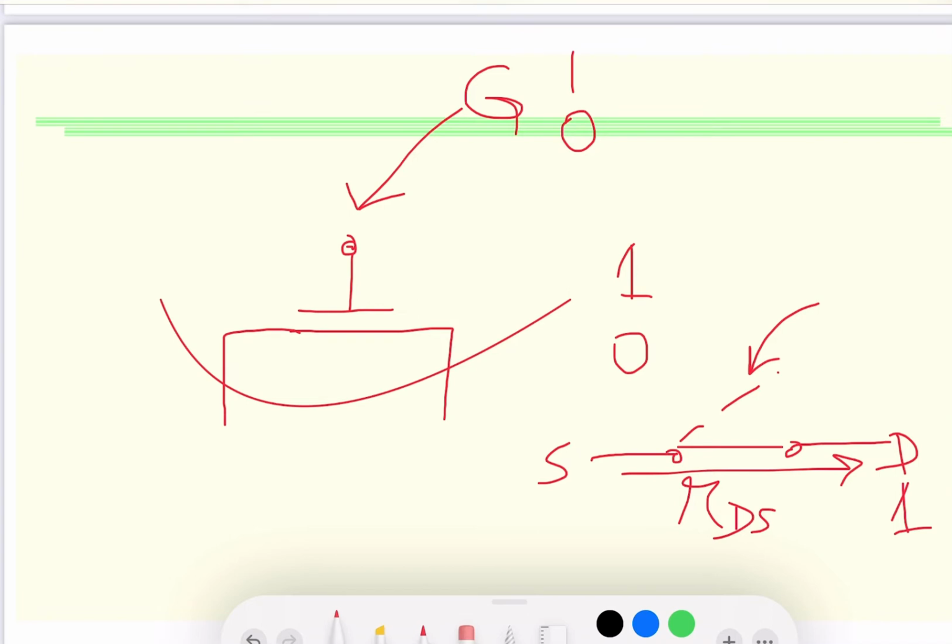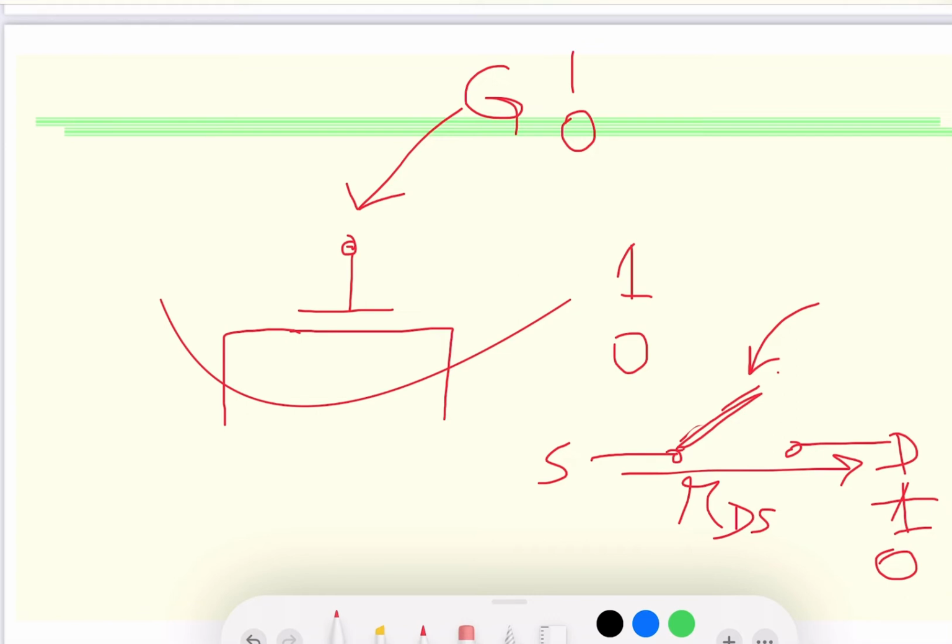On the other hand, if the gate voltage is low, this switch would be open, so there will be no voltage on the output, and we would get what you call logic zero, low voltage.